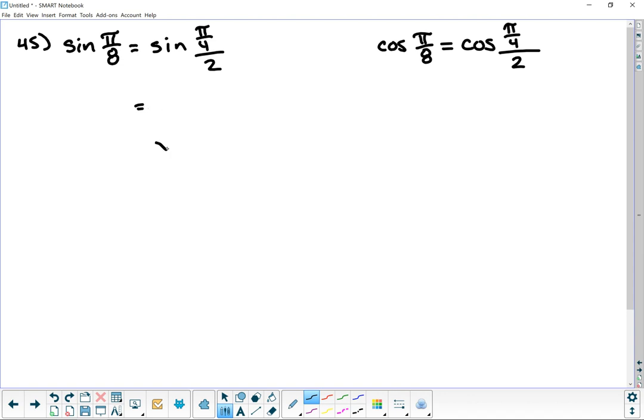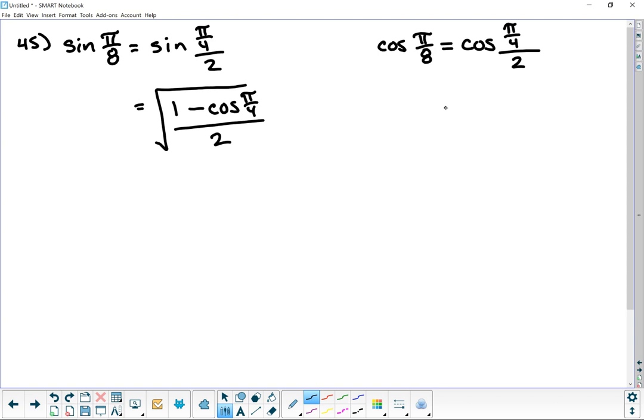So sine is going to be square root 1 minus, and then we got to figure out what cosine of pi over 4 is. And then all of that divided by 2.